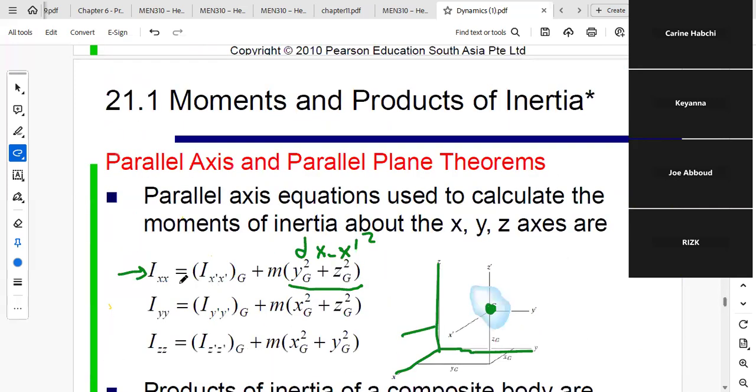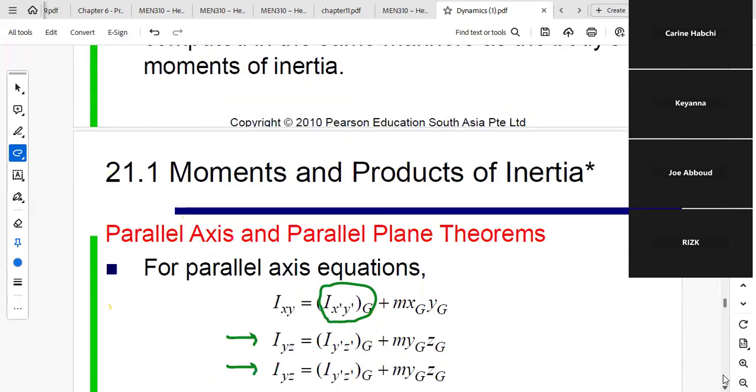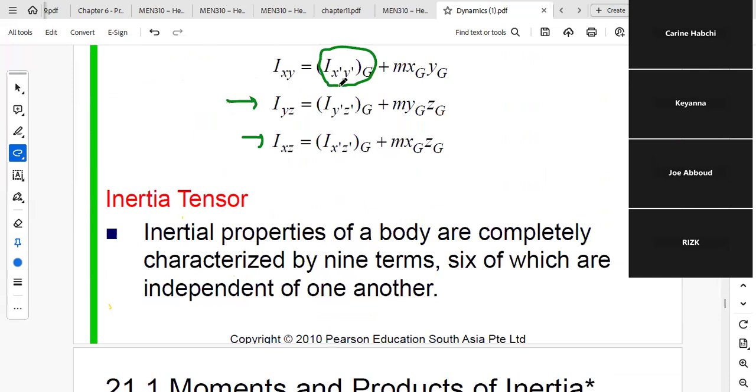Okay, so Ixx is Ix prime x prime plus m times yg squared plus zg squared. Same for Iyy, Izz. And for products of inertia, Ixy is Ix prime y prime plus m xg yg. But here, since all of your geometries are rods, for rods you have two planes of symmetry, so all products of inertia will be 0. Because if you take x, y, z in this way, these are principal axes passing by the center of mass. xy is a plane of symmetry, and xz also is a plane of symmetry.